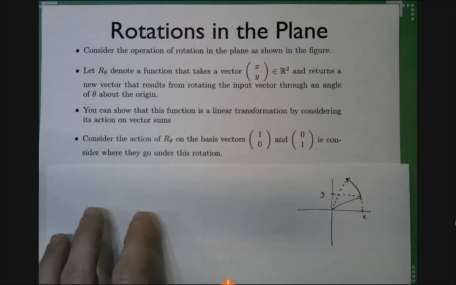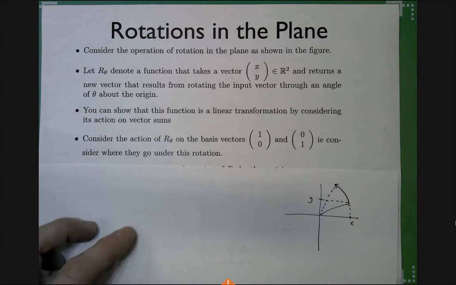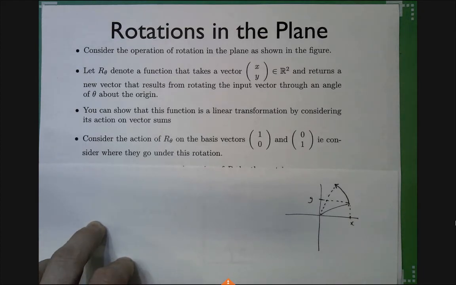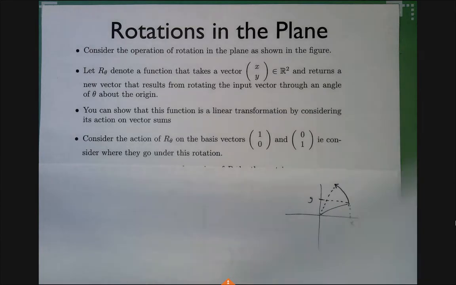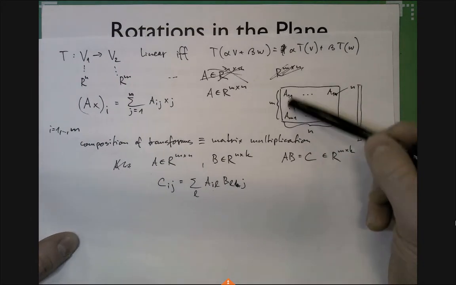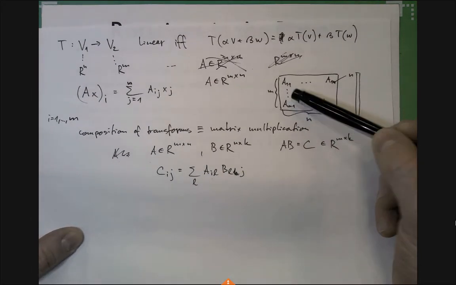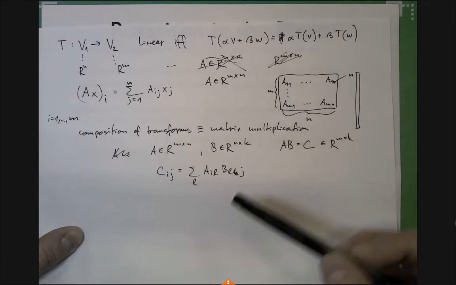So all we need to do is, again, that's one general thing we had last time, that the linear transformation is completely characterized by its action on the standard basis vectors. That's really what led to the matrix, right? Because the columns of the matrix of a linear transformation are nothing but the action of the linear transformation on standard basis vectors.